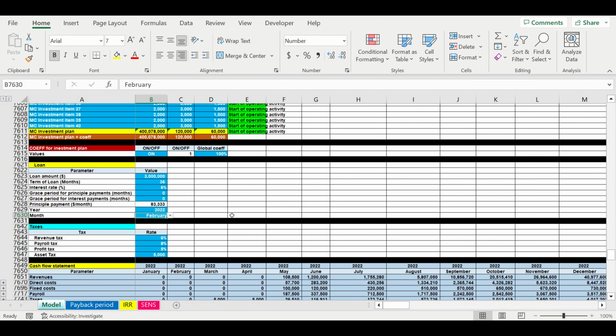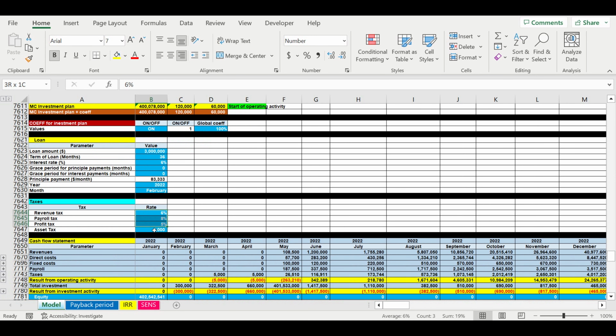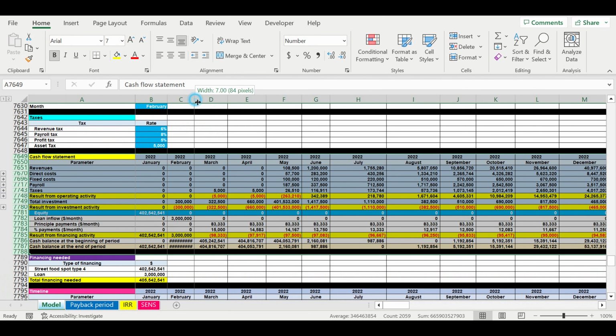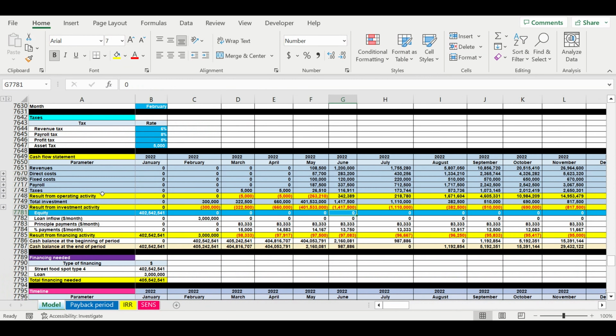Then we specify the rates of taxes. And here we finally get the cash flow statement. Here we are able to see the monthly profit of our business idea without the loan.